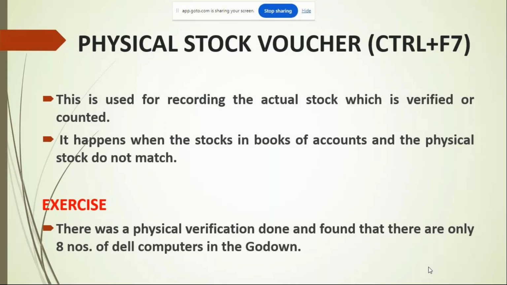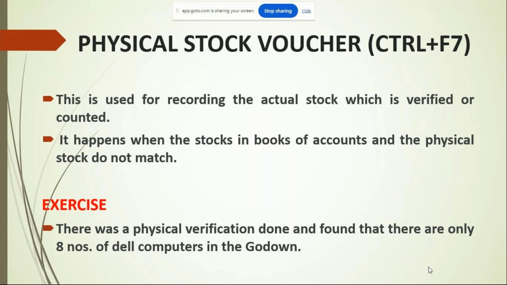Other than that, it has to be accounted and recorded. It should not be a missing figure. Either it has to be sold, or returned on account of damages. Some clarity has to be there. If it is sold, automatically it will get subtracted from the current stock. Otherwise, what else? So this is where we use the physical stock voucher.